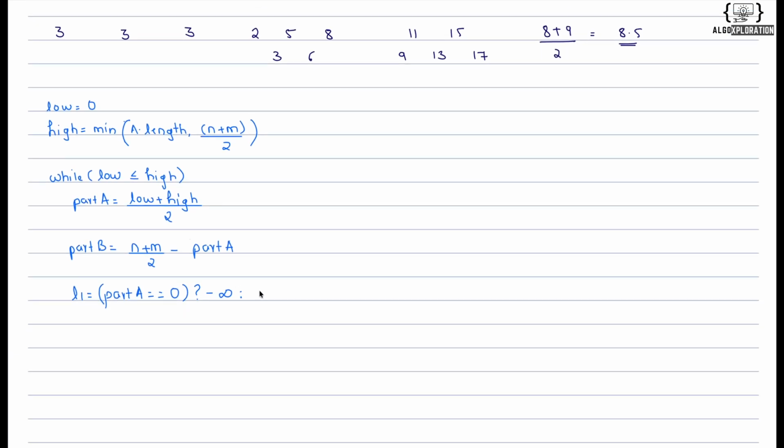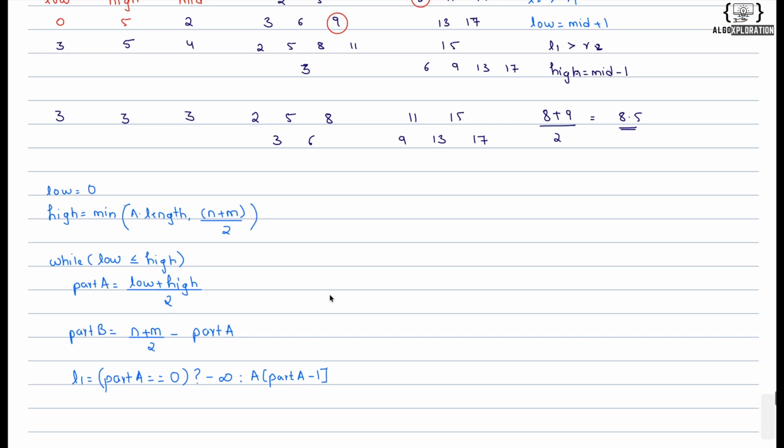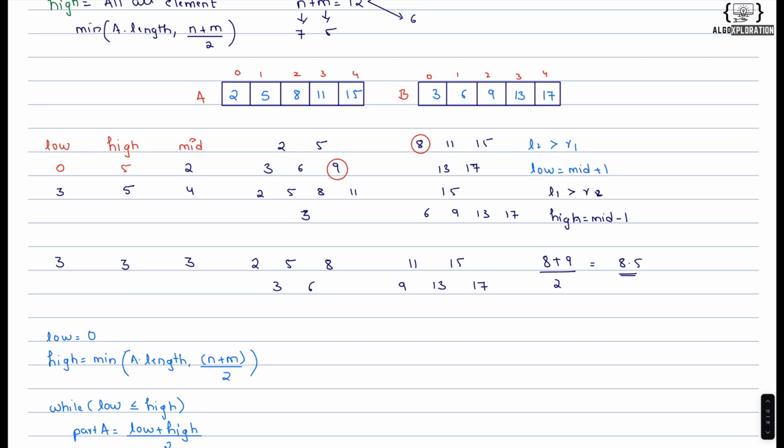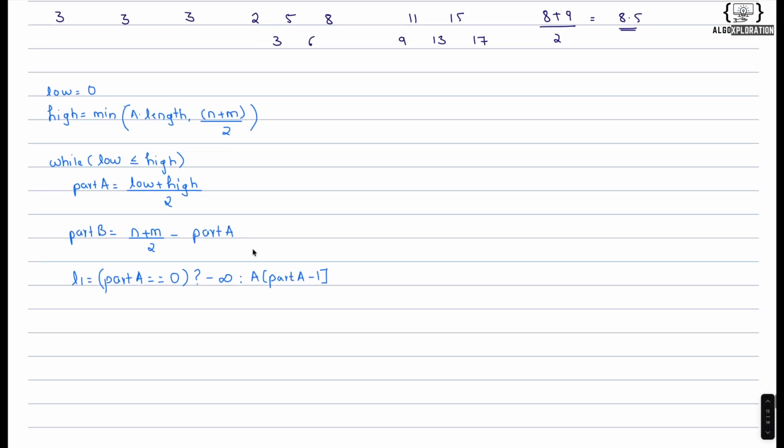Otherwise it will be simply A of partition A minus 1. Why minus 1? See, over here partition A, that means mid, is turning out to be 2. So L1 will be 5. How 5? Because we will be doing 2 minus 1, so it will be pointing to this first index. So this will be A of partition A minus 1.